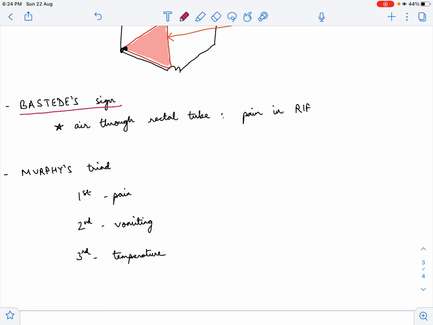So, this is called Bastedo sign, and this was suggestive of acute appendicitis. Now, this test for obvious reasons is no longer done because the patient will doubt your intentions, first of all. Secondly, and that was just a joke, more importantly, there is a risk of perforation if you try to inject air through the rectal tube.